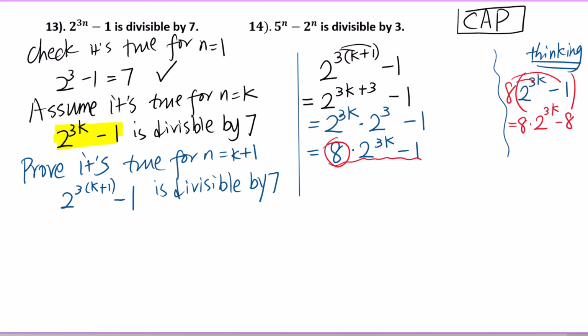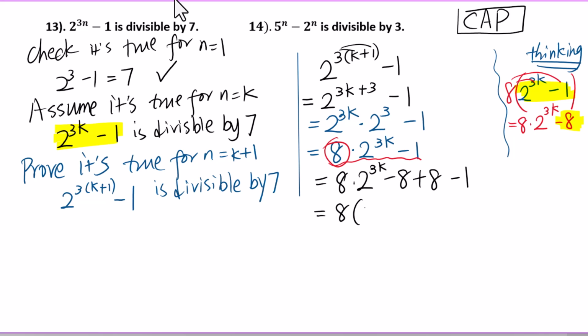In other words, we need to subtract 8 to create 2 to the power of 3k minus 1. It equals 8 times 2 to the power of 3k minus 8 plus 8, then minus 1.